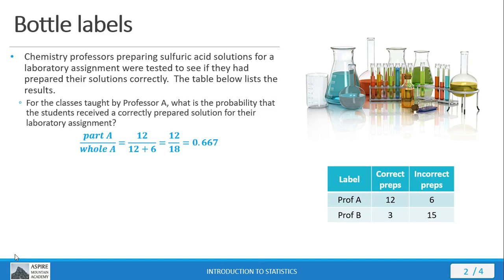So we're going to take that entire row. That gives us our whole for Professor A. So the probability that he's going to prepare the solution correctly is 66.7%. Again, we're taking that whole row for Professor A to get the whole.